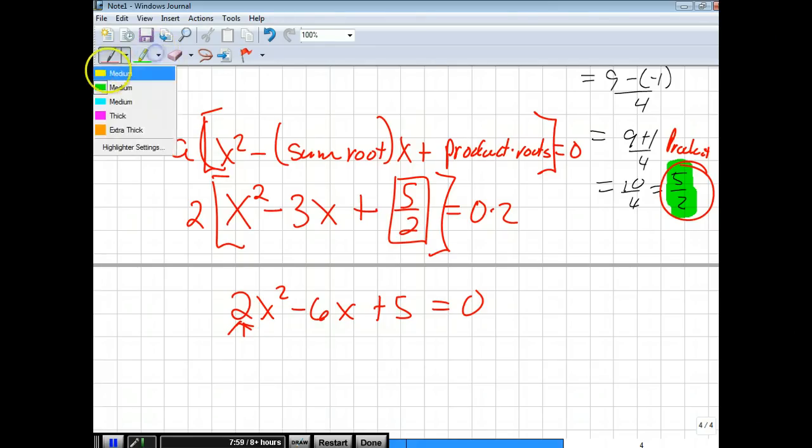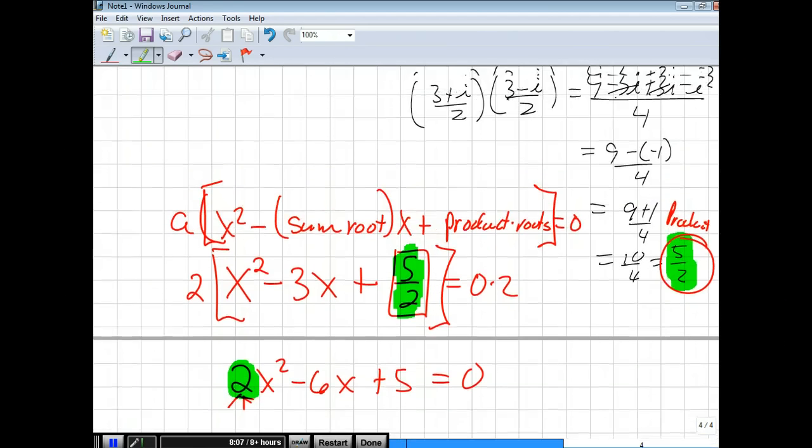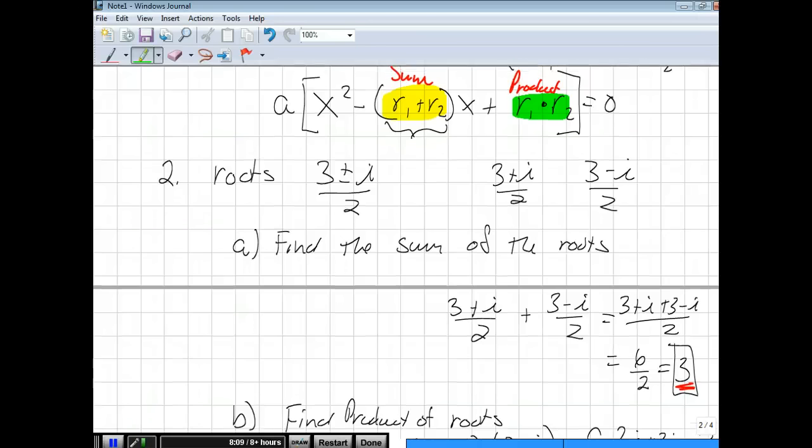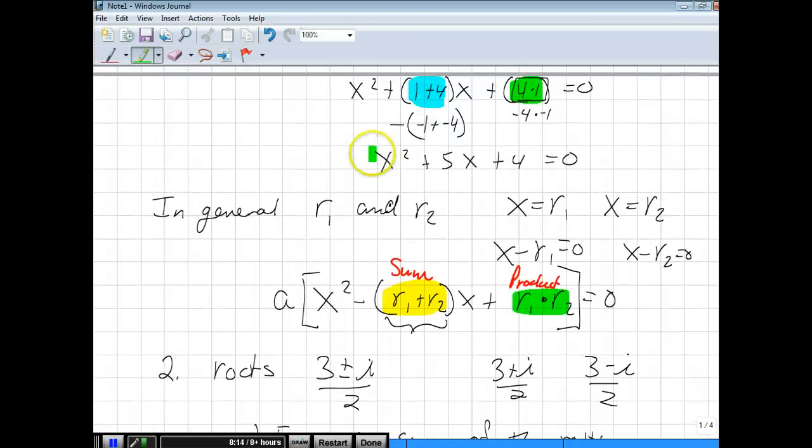So when we get a fraction here, we clear that fraction, and that gives us our a value. If we don't get a fraction as a constant, as in the first example, where is that? Right here. Then we assume that a was 1 in that case, because that's all the information that we have.